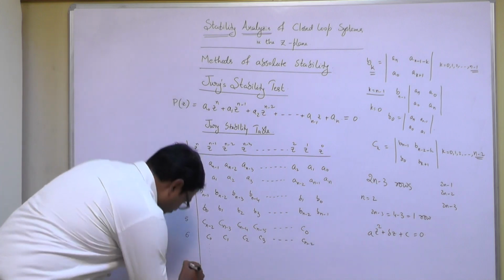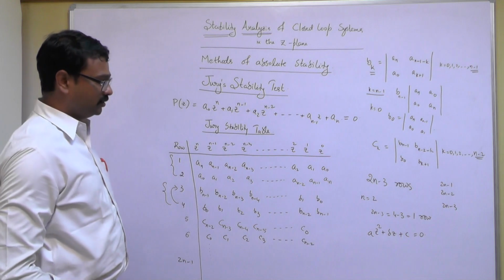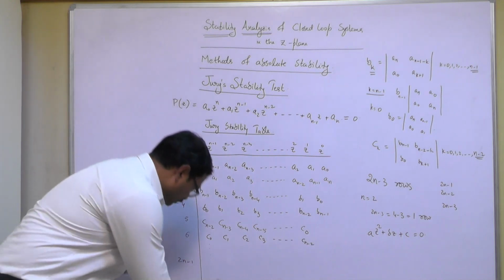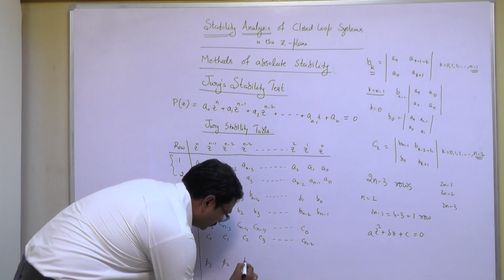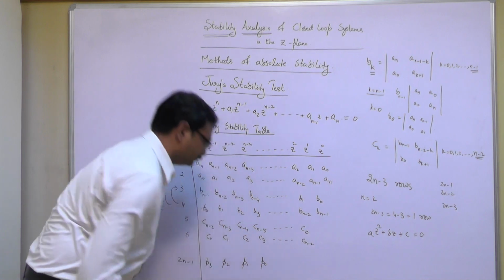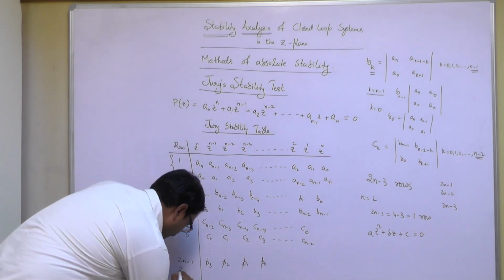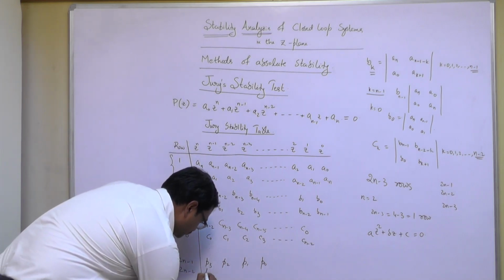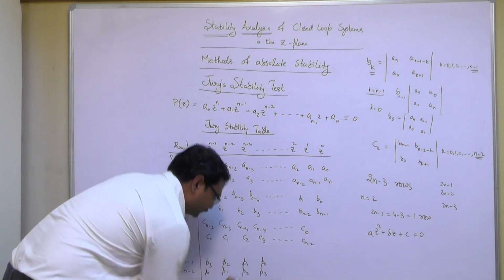So I put it as the 2n minus 1 th row. I can put it as P3, P2, P1, P0. Right. The previous rows you will be having in such a way, and the 2n minus 2 th row is P0, P1, P2, P3.